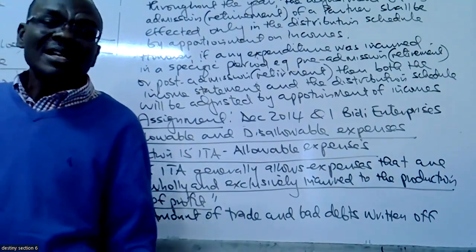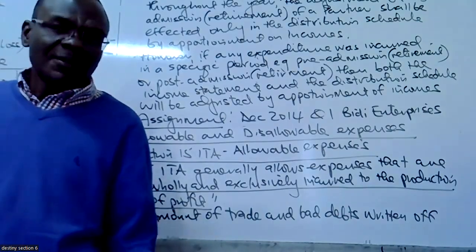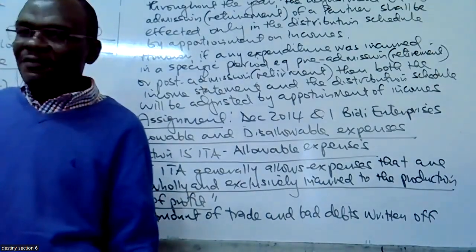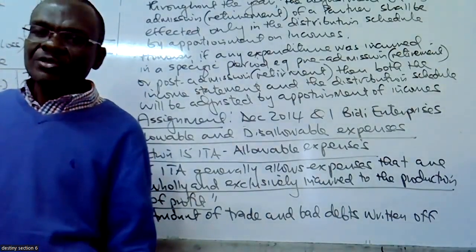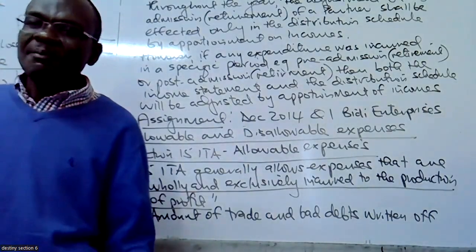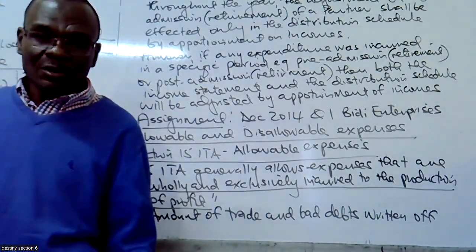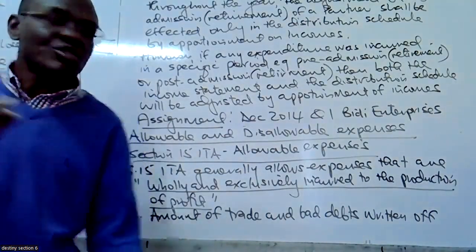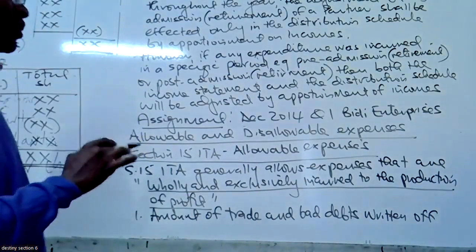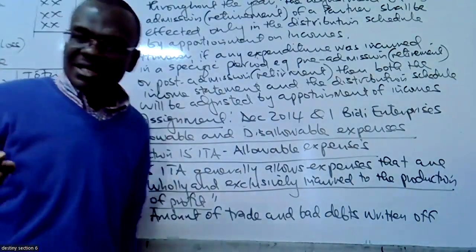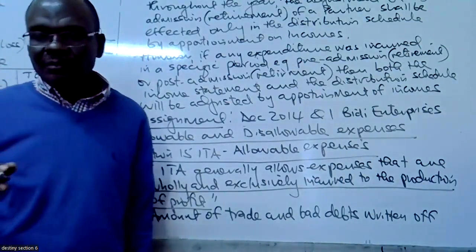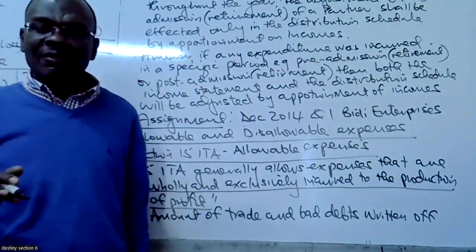Now, that is not a trading bad debt, because the business does not trade in furniture, the business does not trade in computers, the business may not be trading in motor vehicles. So trade bad debts suggests business stock, the stock in trade of the business.